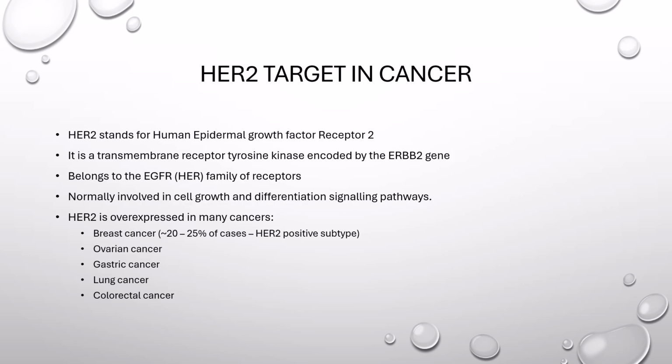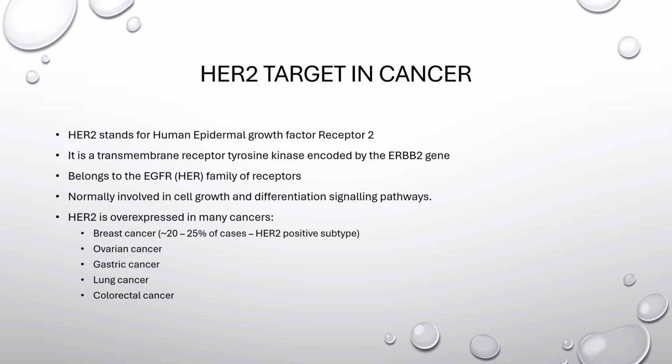So HER2 stands for human epidermal growth factor receptor 2. It's a transmembrane receptor tyrosine kinase, encoded by the ERBB2 gene. It's normally involved in cell growth and differentiation signaling pathways.